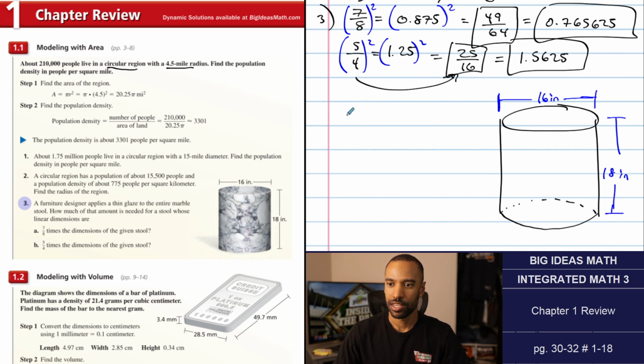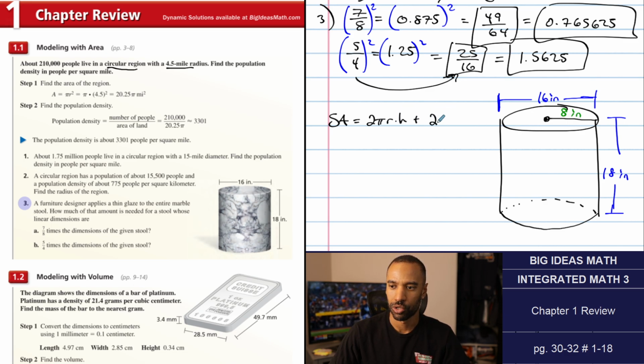Surface area of this one, first of all, we do need the radius. If this is 16 inches, the radius is going to be 8 inches. Surface area of a cylinder is 2 pi r, circumference times your height, plus 2 pi r squared, the area of both bases. We have lateral area around the side, and then the top base and bottom base.